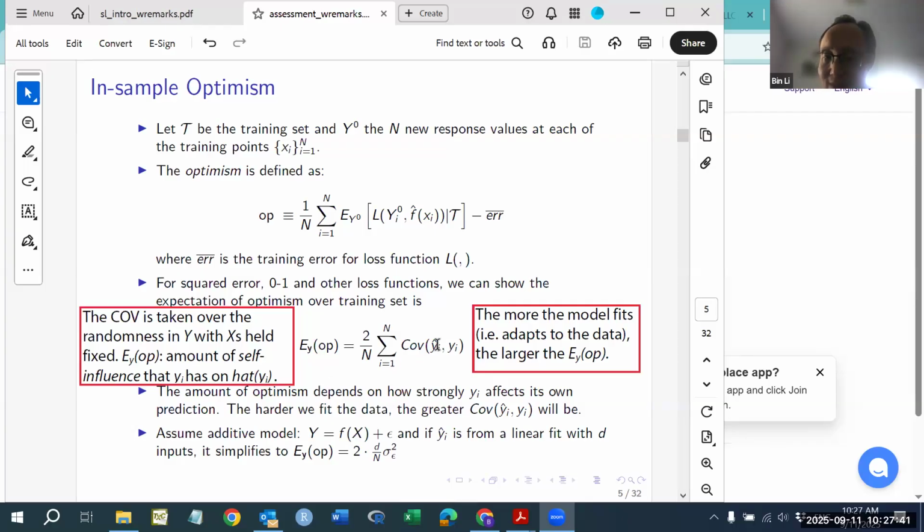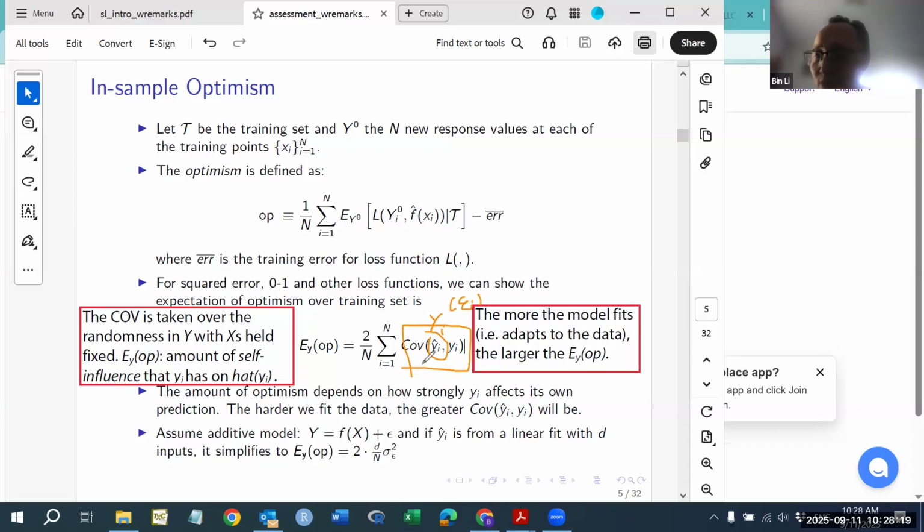In reality this is positive because of overfitting. When the model overfits, we are not fitting f, we are fitting yi. So this yi hat is highly influenced by yi because yi contains the epsilon i. Remember? So in that way, they will have a positive covariance.